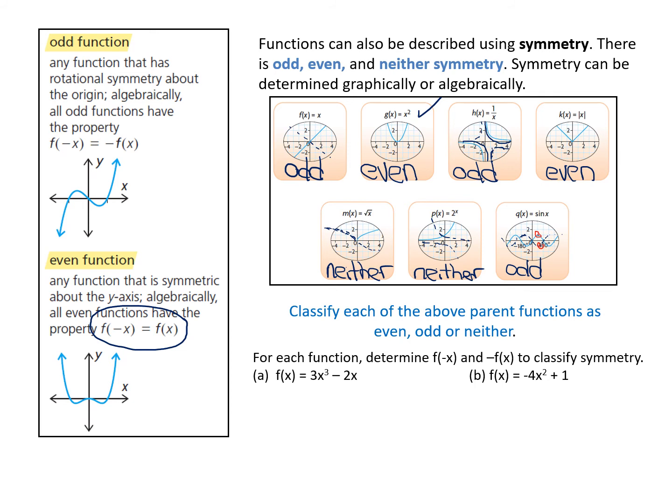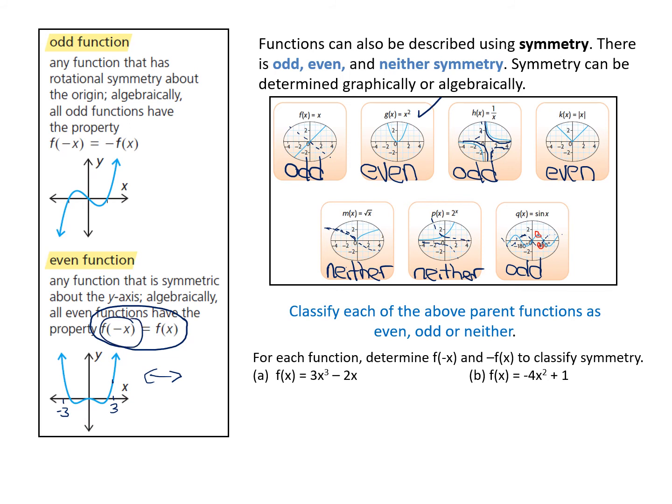Even symmetry means a horizontal flip: wherever there was an x, let's say this one had an x value of 3, that x value of 3 is in exactly the same spot when I make it a negative 3. So I'm taking all of my x values and switching them around to get a horizontal reflection. I'm moving it horizontally, so all my x values need to have a negative.